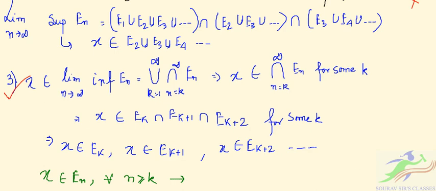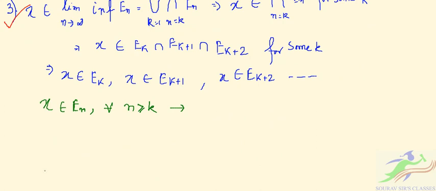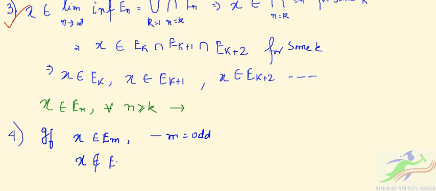And let's check option 4. So if we consider that x belongs to Em where m is an odd number and x does not belong to Ek where k is an even number, so x does not belong to E2.